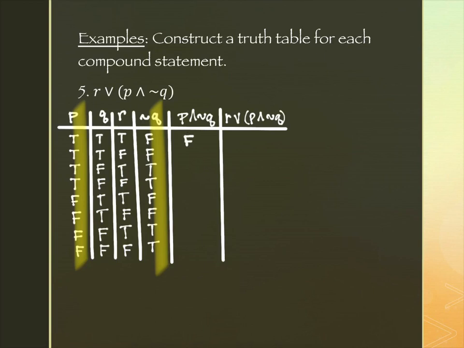The next row, I also have true and false. False. Row 3, I have true and true. That one's true. Row 4, I have true and true. True. Rows 5 through 8 are all false, and I can tell you that really quickly why. I see 4 falses in a row in column P, right? So that's enough to do it. So I'm going to just put them all in as false. You can go through piece by piece. If it helps you to see them better, that's fine too.